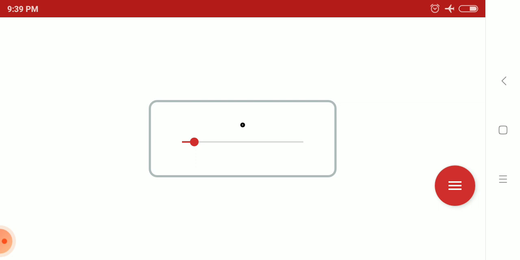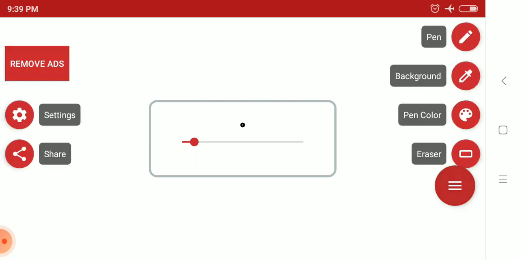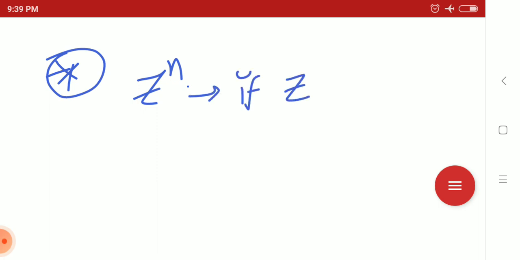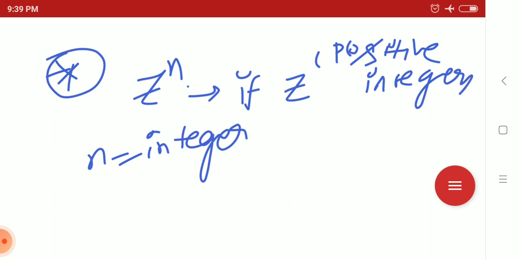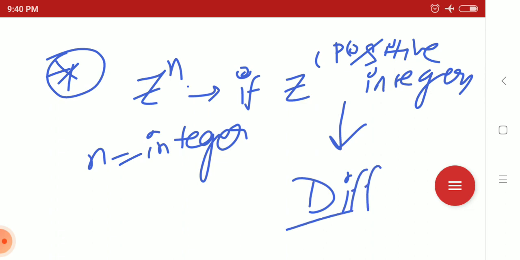Here I am giving you one important trick to remember. Formula 1: z to the power n, where n is a positive integer. If we have a function with z to the power positive integer, then it will be differentiable.